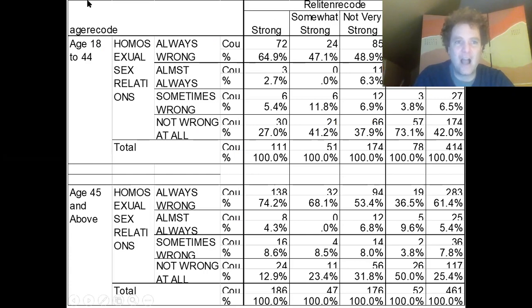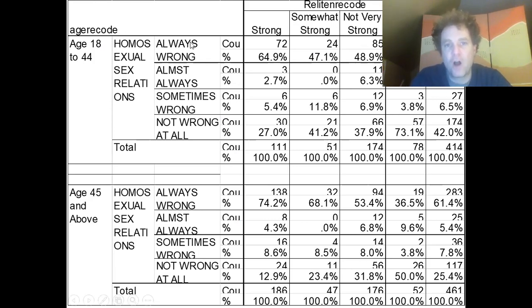The top part is for younger people, 18 to 44. And in the bottom, we see 45 and above, so older people. We're splitting right down the middle.